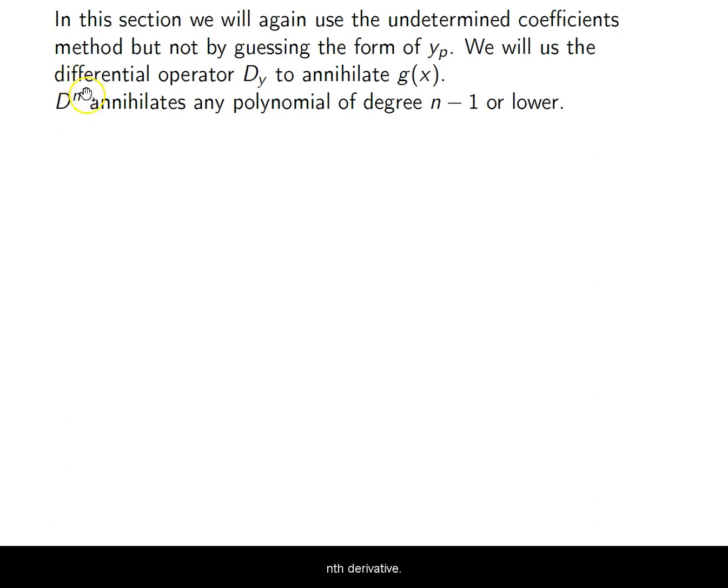So if I take the nth derivative of a polynomial that has degree n minus 1, my polynomial will disappear, right? If I have a quadratic, a second degree polynomial, and I differentiate it 3 times, it goes to 0. That's basically what this is saying.